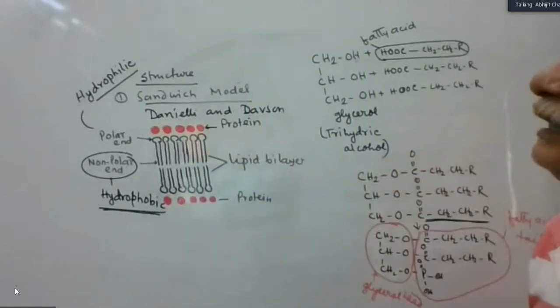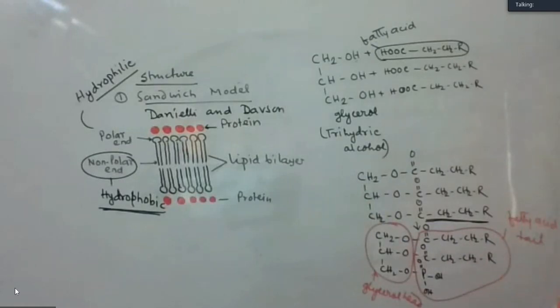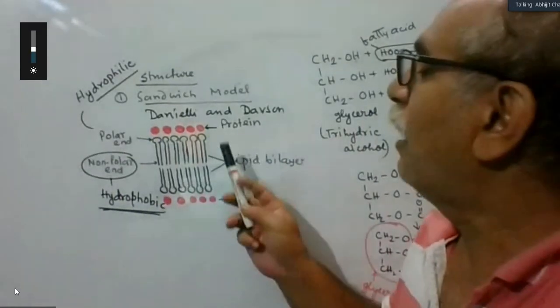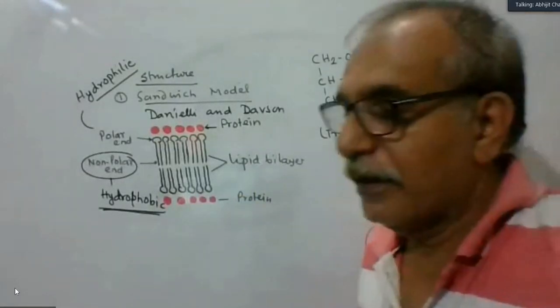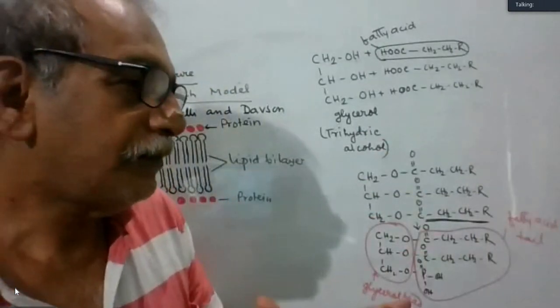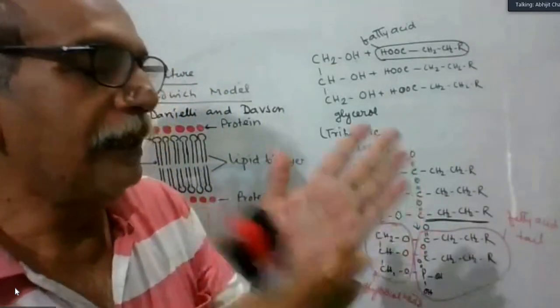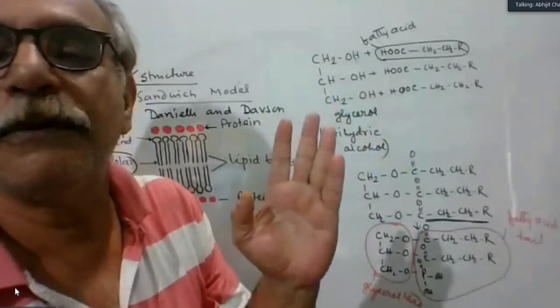So this is the Danielli-Davson model, but it has some limitations. What is the limitation of this model? The basic limitation of this model is that it can't explain how water-soluble molecules can pass through it. As you know, the center is hydrophobic. Look at one thing. Suppose at the two ends you will get the protein, the center is actually hydrophobic.